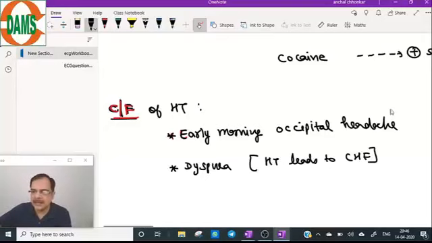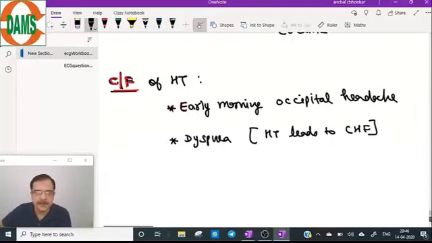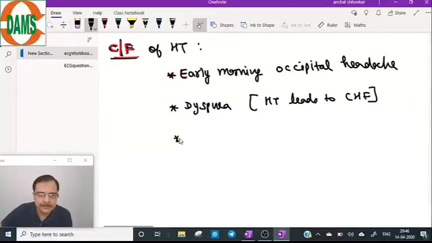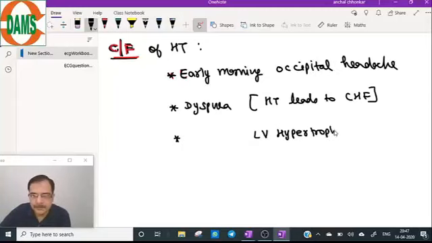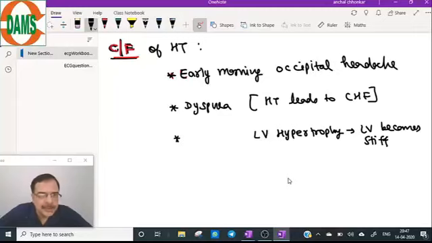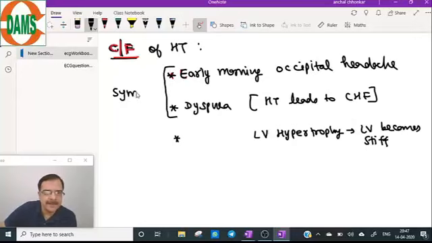And in the signs of hypertension, there will be left ventricle hypertrophy, the left ventricle becomes stiff. This will be the sign related to hypertension. First, these two are symptoms, and this is a sign.